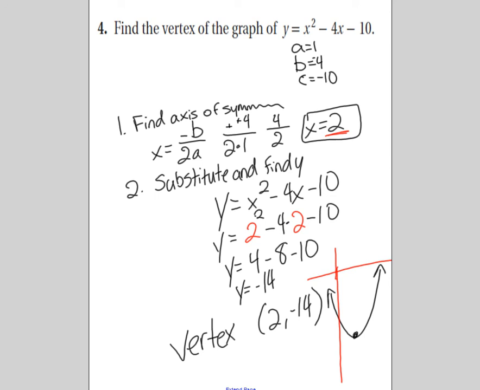So, some assumptions we can start making here. If y is negative, and it opens upwards, how many zeros should we have? 2. What if y was positive and it opened up? 0. That'd be 0 because it would be somewhere up here. It could never get back to the x-axis. Okay?